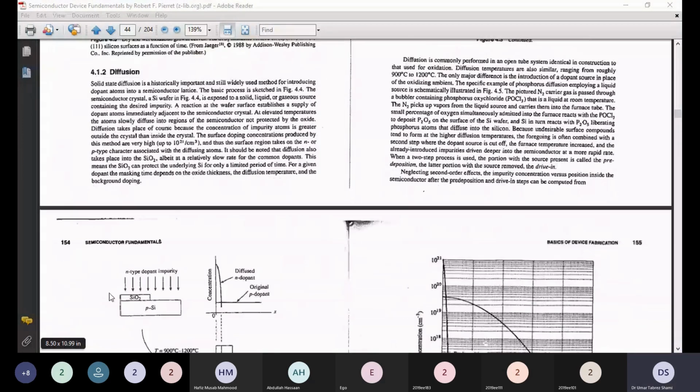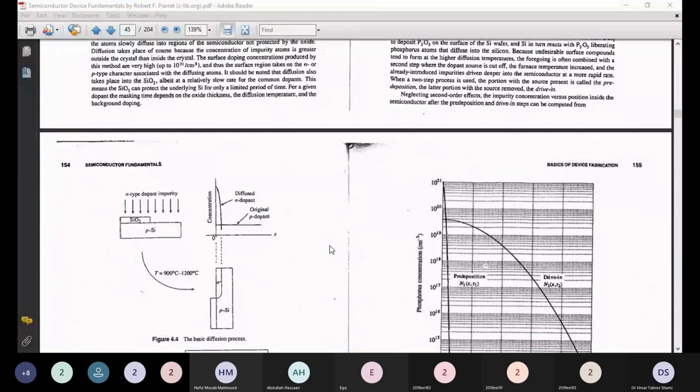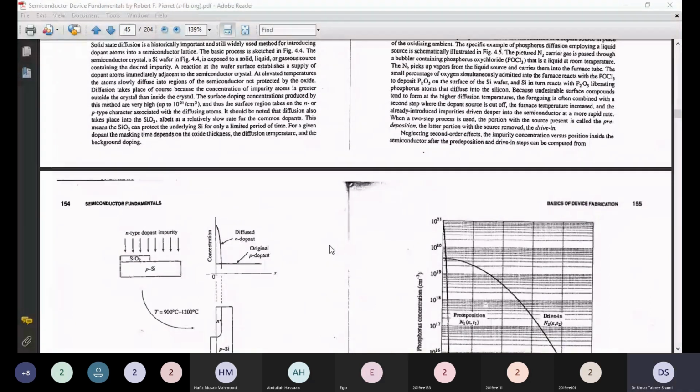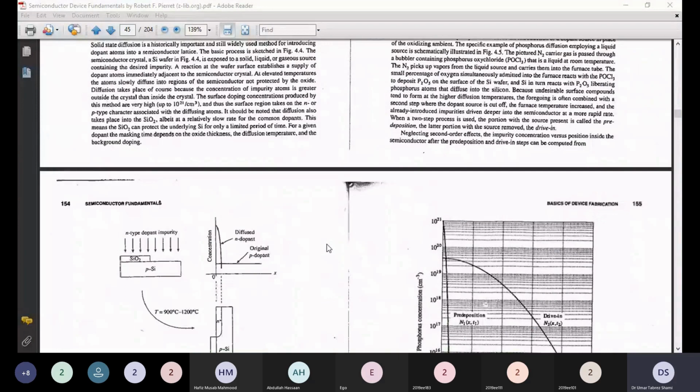In the pictured system, nitrogen carrier gas is passed through a bubbler containing phosphorus oxychloride, that is a liquid at room temperature. The nitrogen picks up vapors from the liquid source and carries them into the furnace tube.